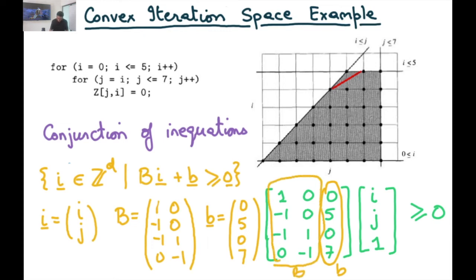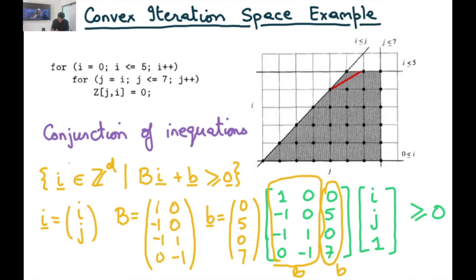All right, and so this is another way of writing the same thing, and basically we say Bi plus b greater than or equal to 0. Capital B becomes the multiplier of the iteration space variables, represented by the vector i, which in this example is i, j. The coefficient matrix is the first two columns: 1 0, minus 1 0, minus 1 1, and 0 minus 1, and small b is the third column, 0 5 0 7, which forms the multiplier for the unit element 1, which represents the c0 of our affine expression.